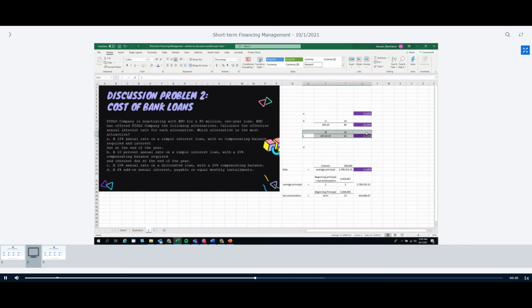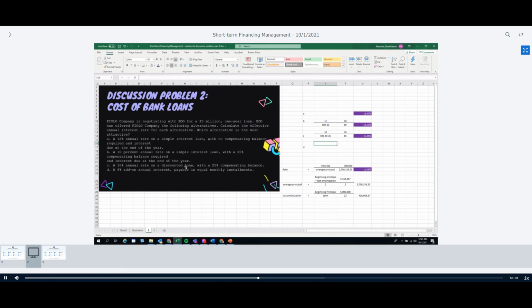Okay? So tandaan ulitin ko lang. The reason why we deducted this 10% here is because it's a discounted loan. So meaning the interest is paid in advance. So ibig sabihin lang ng class, pagka-issue ng 5 million, dineduct na si interest, and then inalis na rin yung compensating balance.